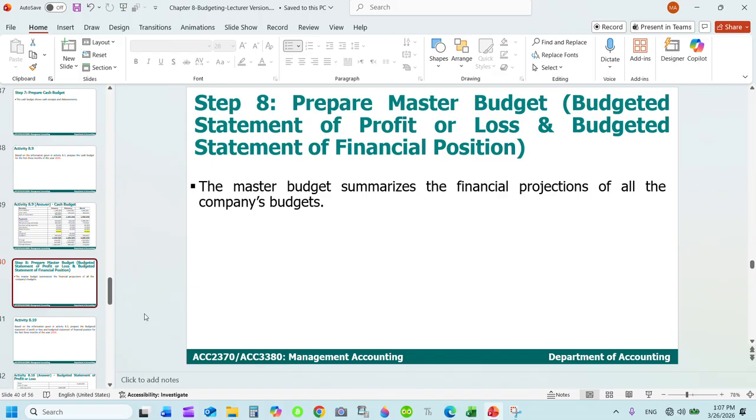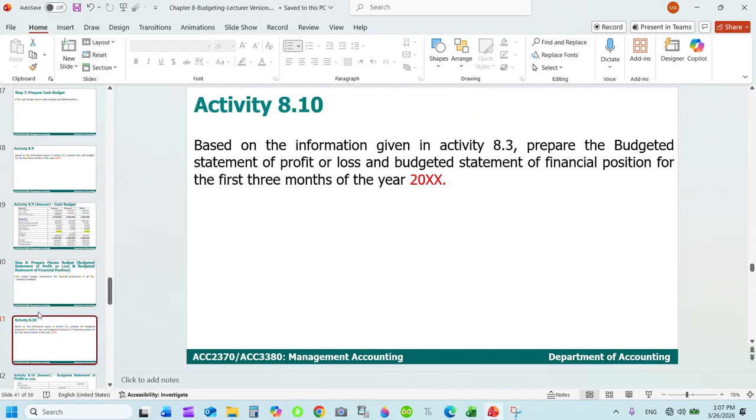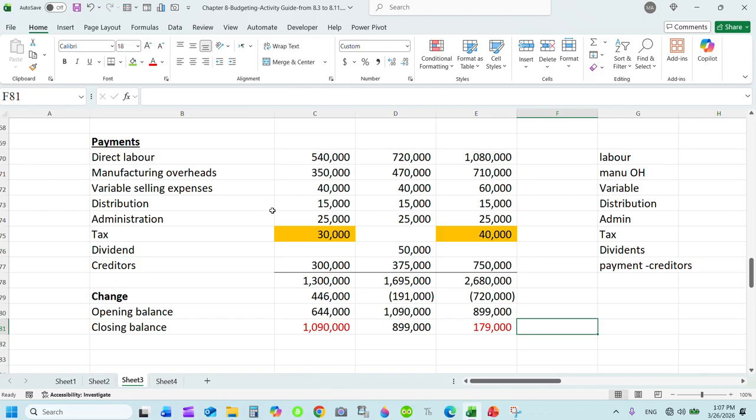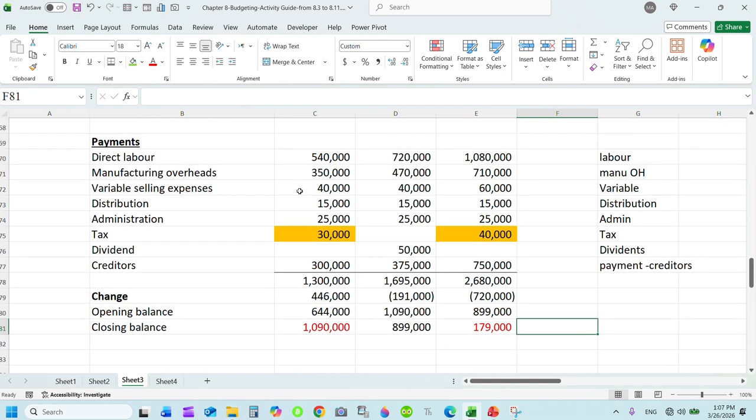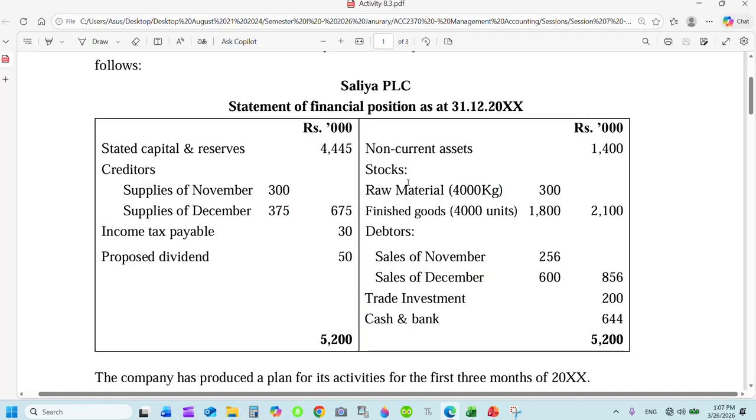Since you have prepared the cash budget, cash flow statement, and all the transactions we have considered, you can simply prepare your budgeted balance sheet and budgeted P&L. For example, you can have a look at your statement of financial position.